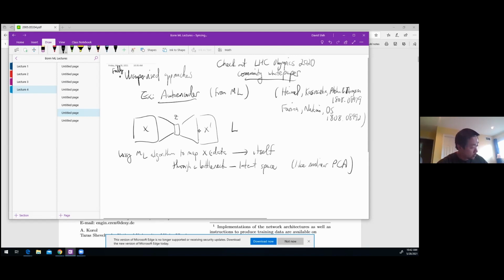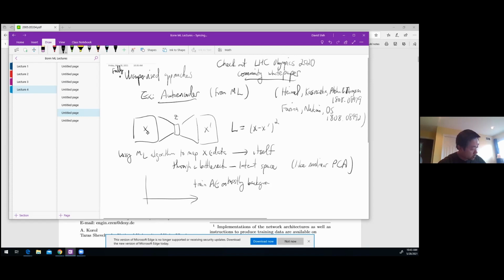The loss that we would train this on is some measure of the difference between the input and the output. The mean squared error is a very common choice. If you've trained this autoencoder to reconstruct the data and to learn the latent features hidden inside the data that describe its variance, then you can use this for anomaly detection as follows.